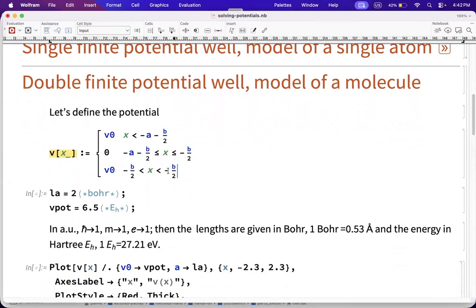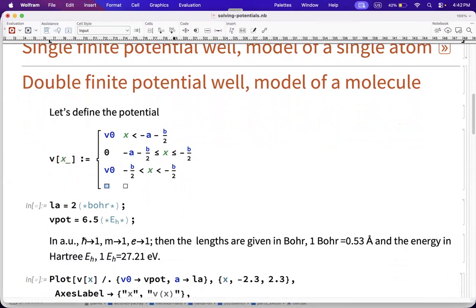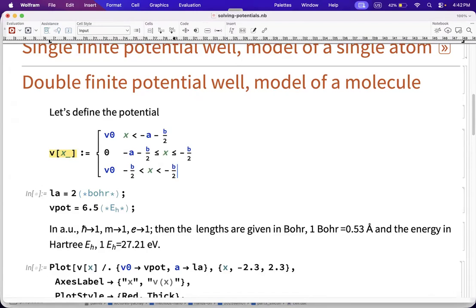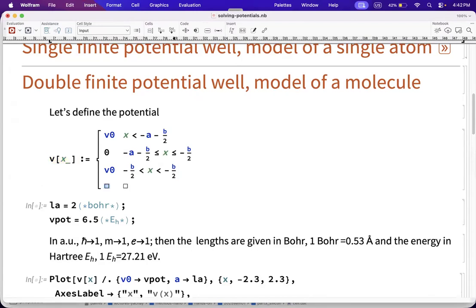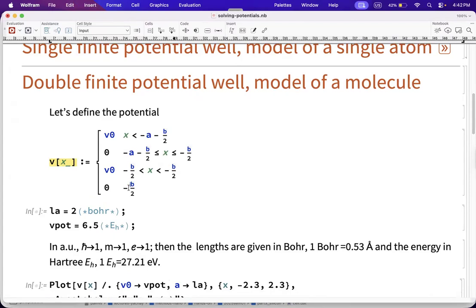With Control Enter, you add the last part, and you get the same thing, the big sphere. Zero is when x is in between, less or equal, A plus B over 2.